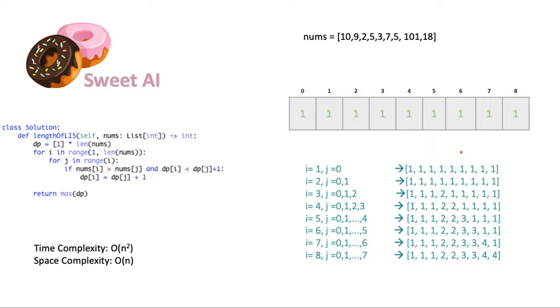For dynamic programming, we are going to define an array, and this array is going to have a length equal to the length of nums, the integers that we are going to create subsequences from, and we are going to put 1 as the value at each index.